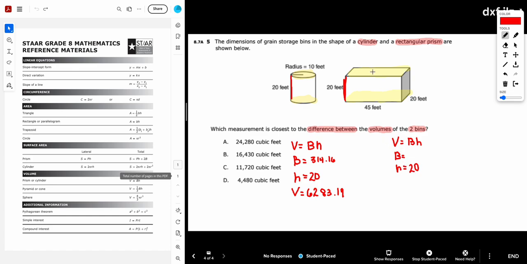And so for big B, the base is a rectangle. So I will use the area of a rectangle formula, which is A equals base times height. So the base being 45 and the height of the base being 20. So 45 times 20 gives us a total of 900.